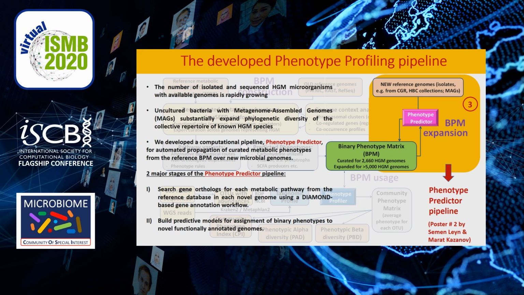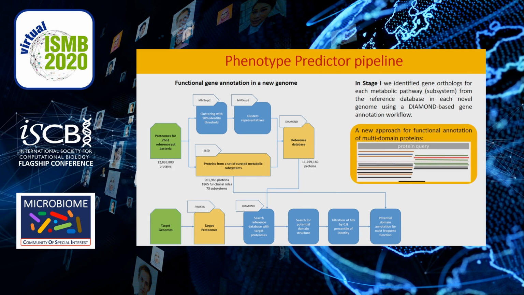This Phenotype Predictor pipeline includes two major stages described further. In the first stage, we identified gene orthologs for each metabolic pathway or subsystem from the reference database in each novel genome using a diamond-based gene annotation workflow. We specifically designed a new approach for functional annotation of multi-domain proteins in this stage.